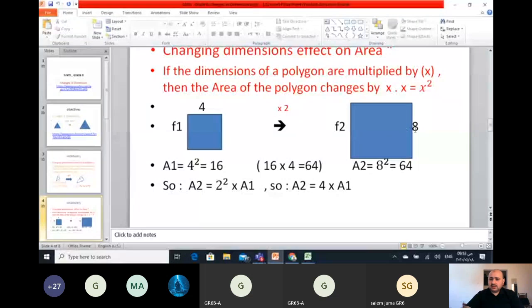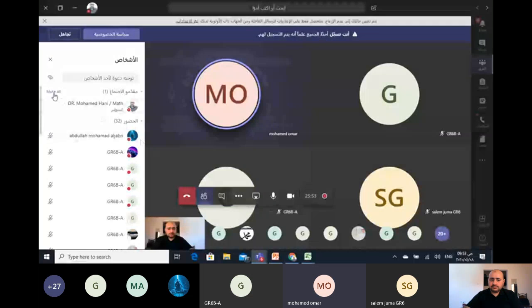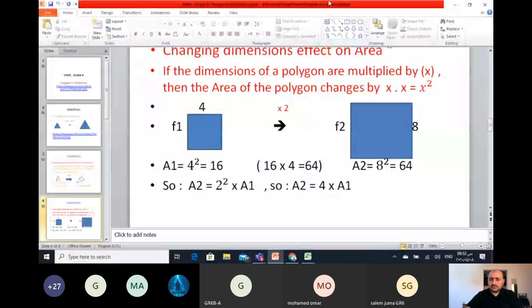A2 equals 8 squared, or 8 times 8, which is 64. Now, as you know, 16 times 4 equals 64. What is the meaning of 4? 4 means 2 exponent 2.